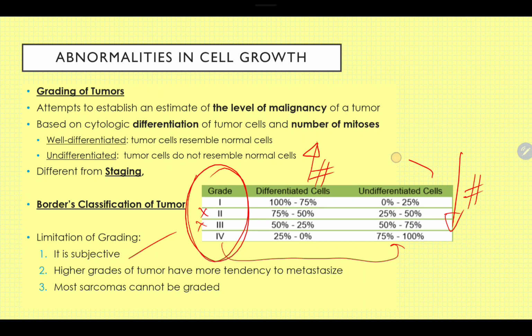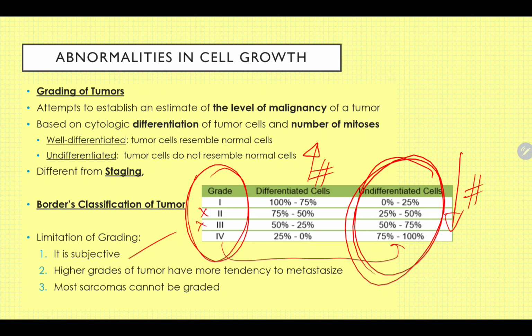But why? Because they have more undifferentiated cells. Once again, ang goal natin dito is the lower, the better. Kasi yun yung gusto natin, mas lower ang undifferentiated cell. Ibig sabihin, mas less likely na malignant ang meron ka. So that is limitation number 2.